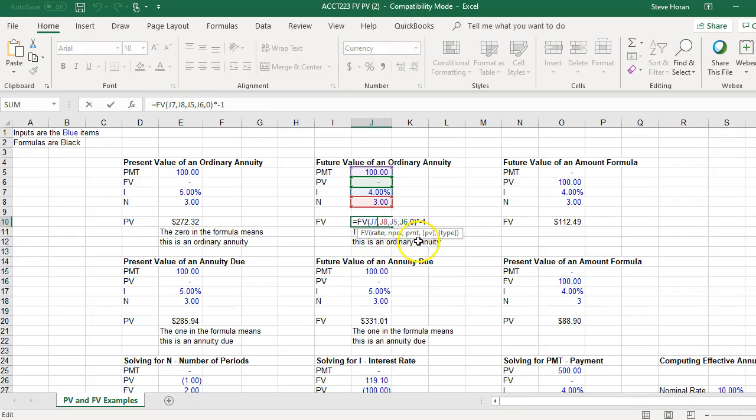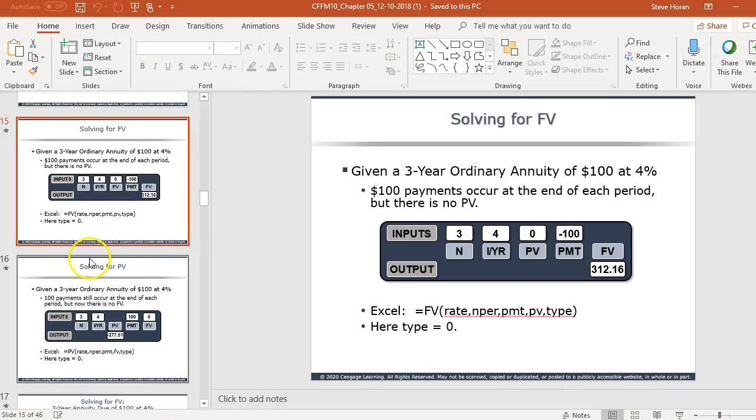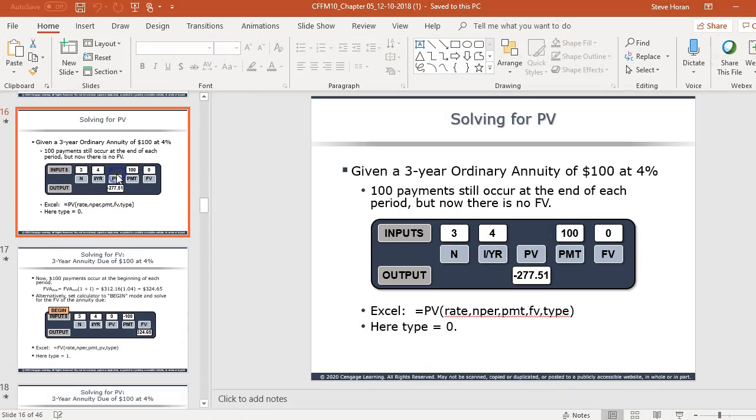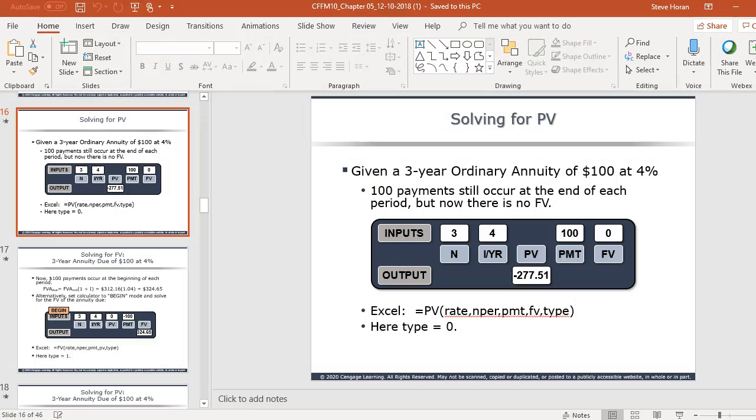Now this zero right here stands for type, and the 0 tells Excel that this is an ordinary annuity. Then I can do the same thing on the present value of an ordinary annuity. Same numbers, 3 years, $100, 4%. Here's present value right here. It just changes one number to 4%, and we get 277.51, just like it says right there.